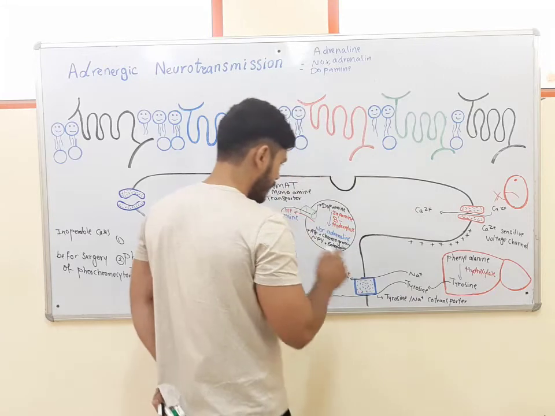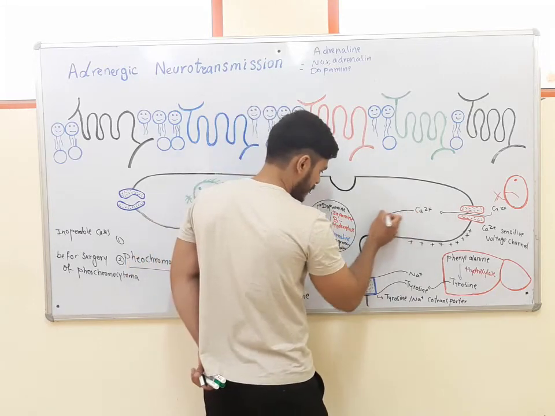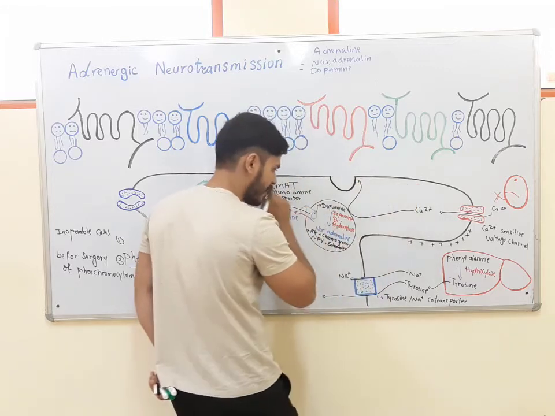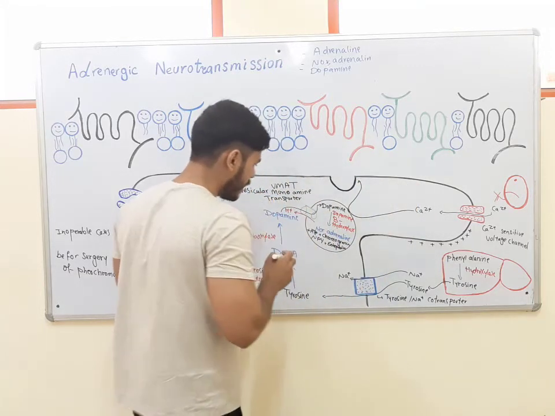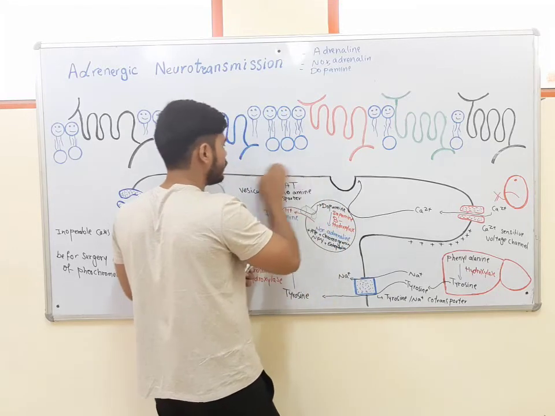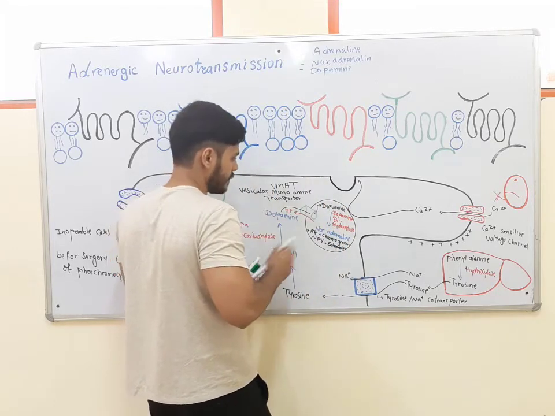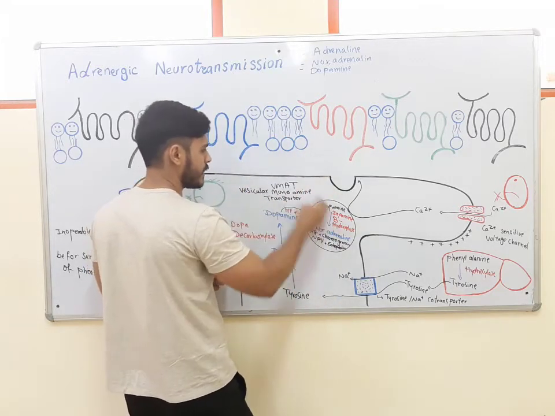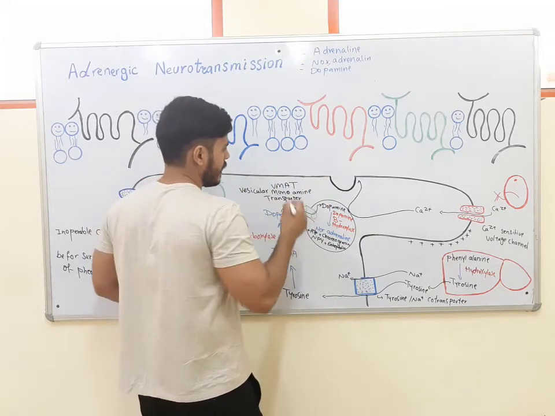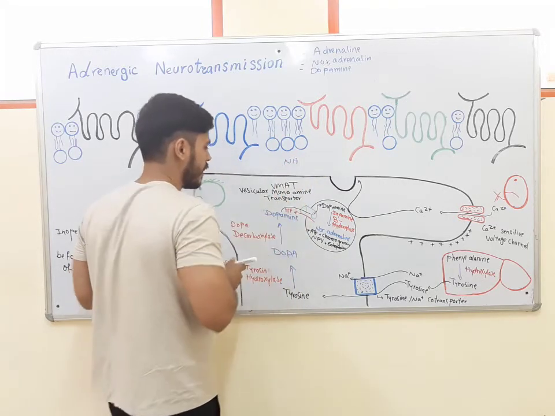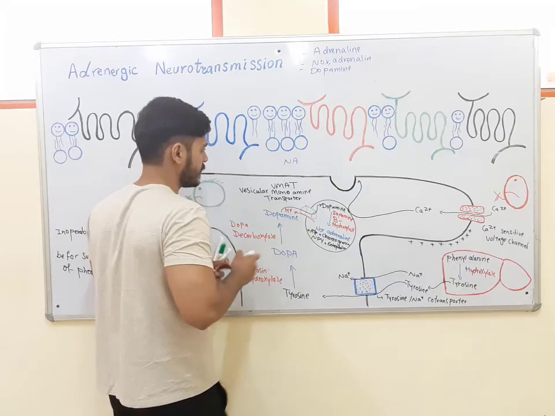Then this calcium mediates fusion of vesicles to the nerve terminal membrane, and there will be release of vesicular content into the adrenergic synapses. Now we have released vesicular content into the synapses, and in the synapses we have noradrenaline and other co-transmitters.